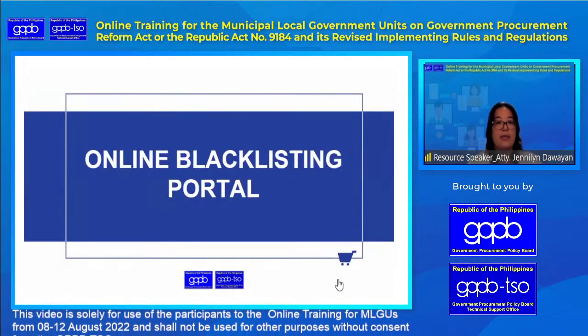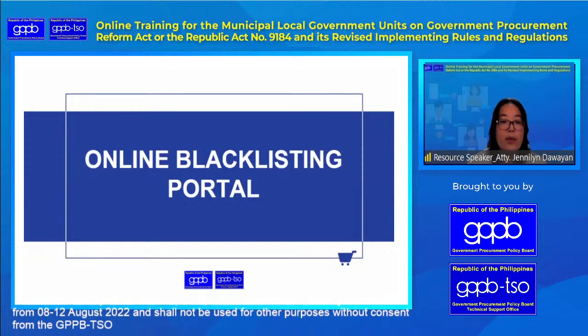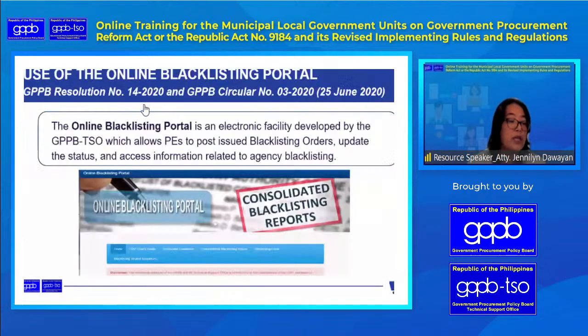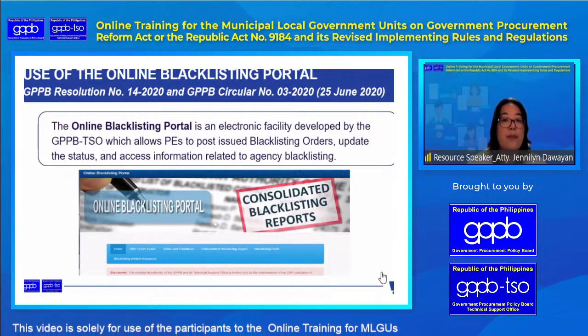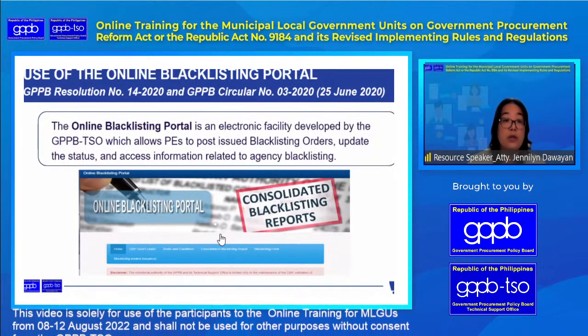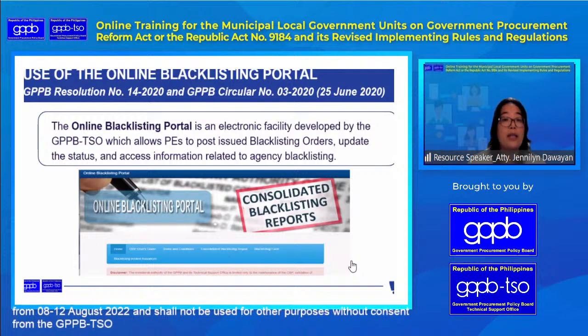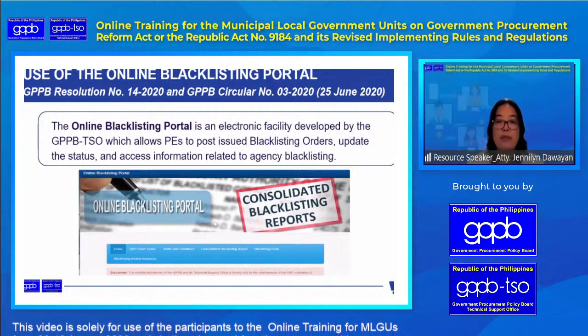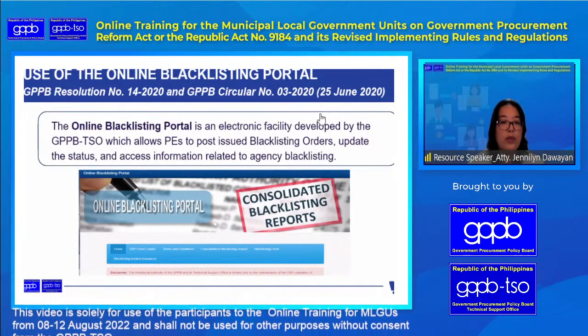Okay. Sige. So the online blacklisting portal as part of our presentation is issued under GPPB Resolution 14-2020, no? In June of 2020. So ito po is an electronic facility which was developed by the GPPB TSO, and ito ina-allow niya yung procuring entity to post the blacklisting orders, mag-update and i-access yung information related to agency blacklisting. And this was developed, no, at that time corona 2020 and pandemic yan.